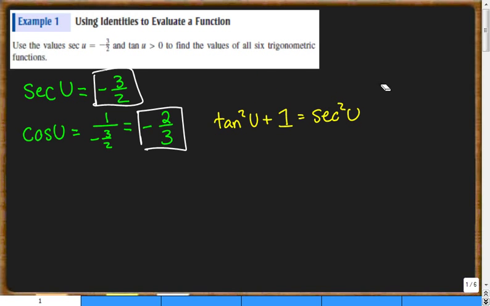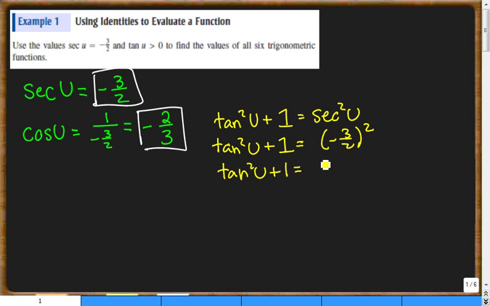Okay? So since I know what secant of u is, I'm going to replace that and solve. So I'll have tangent squared of u plus 1 equal to (-3/2) squared. So my tangent squared of u plus 1 is 9/4.